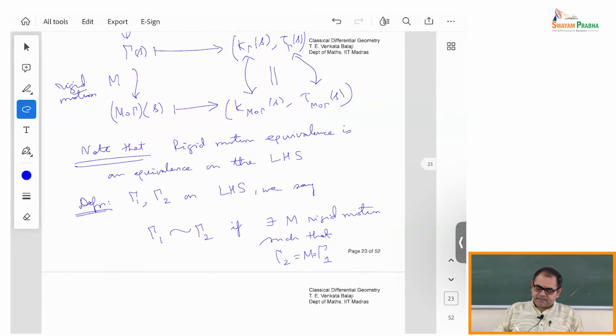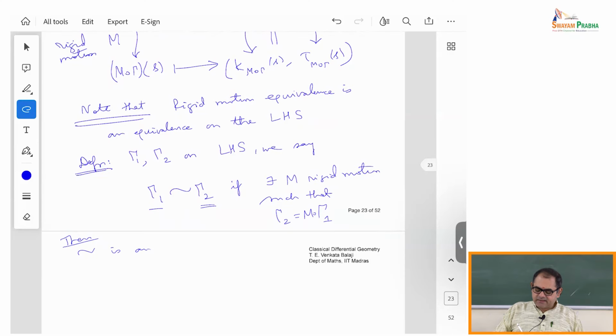That means the first curve is related to the second curve if you can move the first curve to the second curve by a rigid motion. Okay, that is the relation I am putting. Now the fact is that this is an equivalence relation.